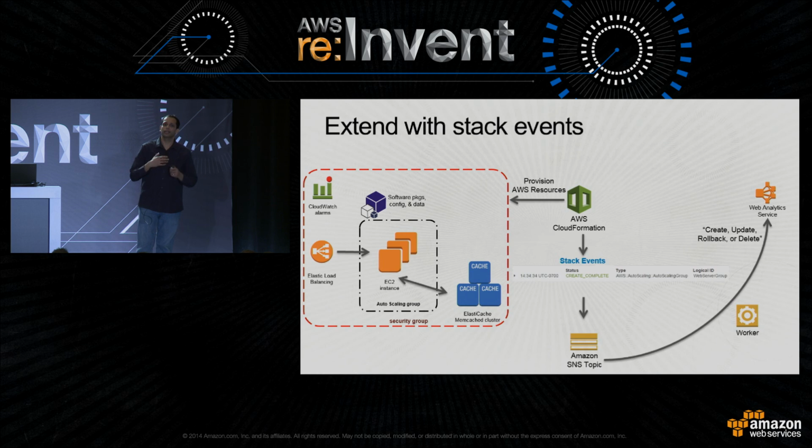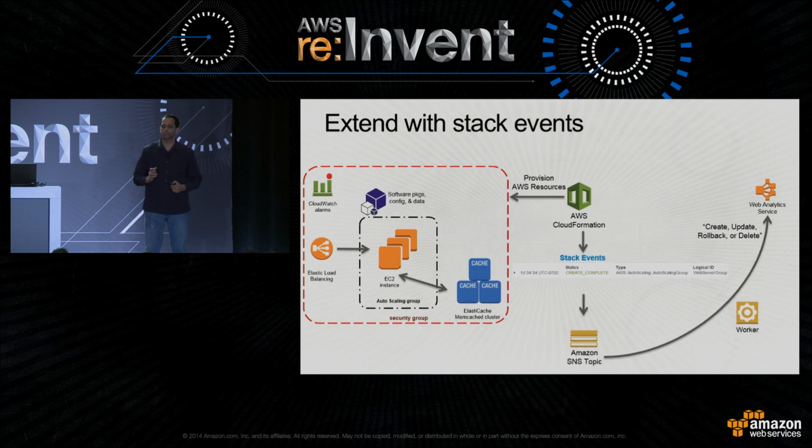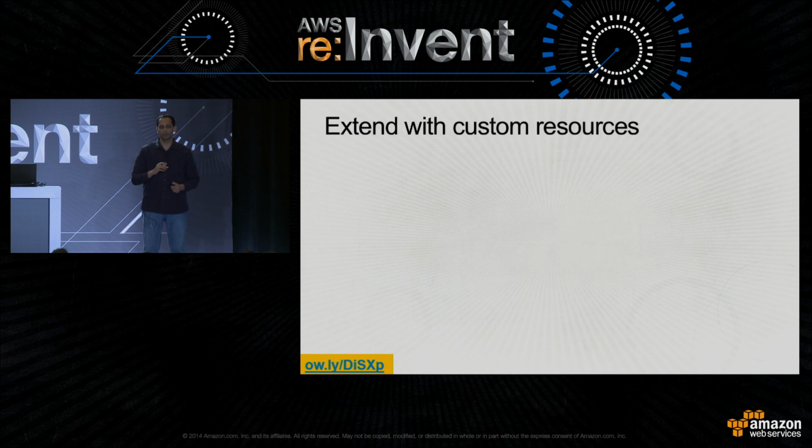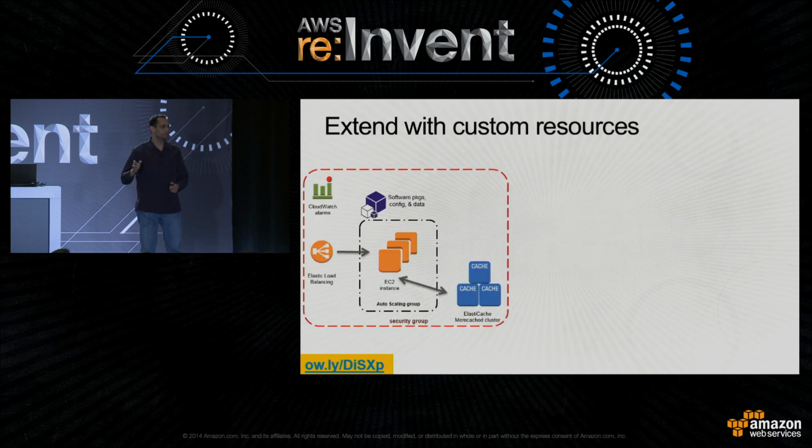If you want a tighter integration, if you want to treat the external resource more as a first-class citizen of your stack, then you should use custom resources. I'm going to use the same example. You have a web application and the third-party analytics service.